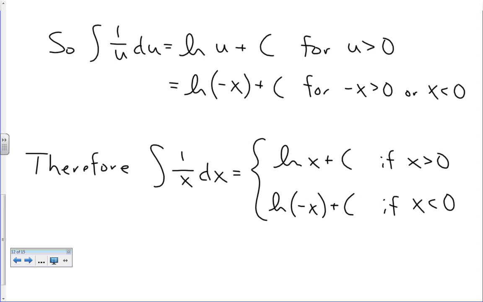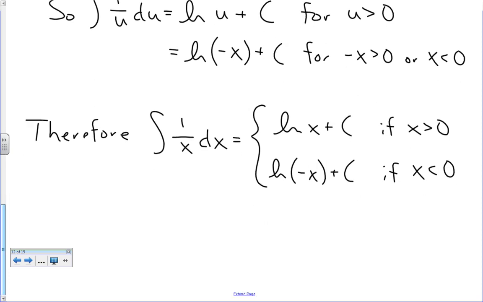We have not quite gotten to the point where we've proven this is the natural log function. And so it turns out in either case you're taking the ln of x in the first case when x is greater than 0, or the ln of the opposite of x. Well, the opposite of x, since x is less than 0 in that case, turns out to be a positive value. It turns out you're taking the ln of a positive number.